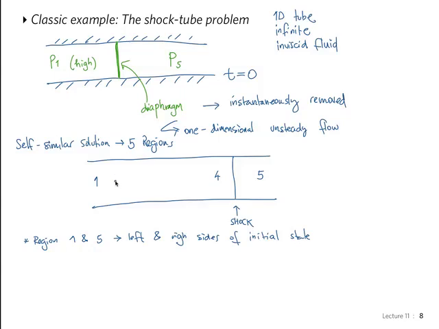Then you have what's called an expansion wave, or a rarefaction wave, in region 2.